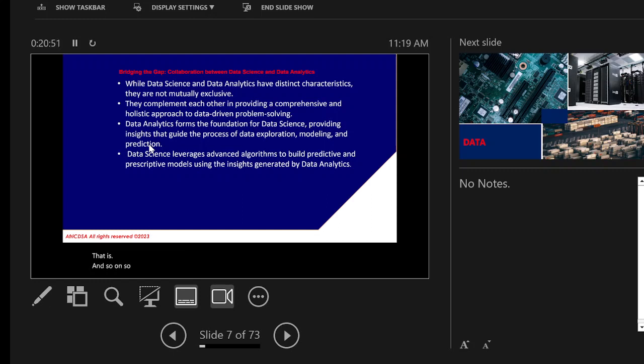Mostly data analytics forms the foundation for data science, meaning that it provides insights that guide the process of data exploration, modeling, and prediction. Because we say that data science is more exploratory, data analytics creates the roadmap towards that.